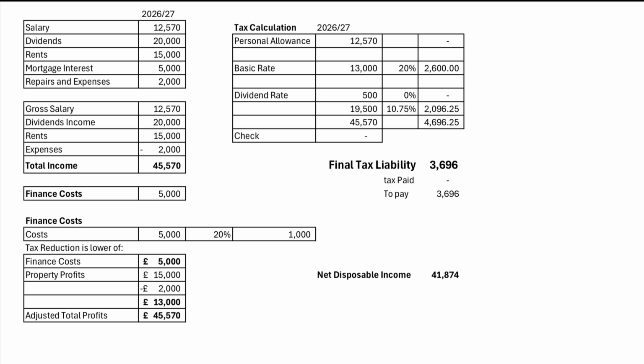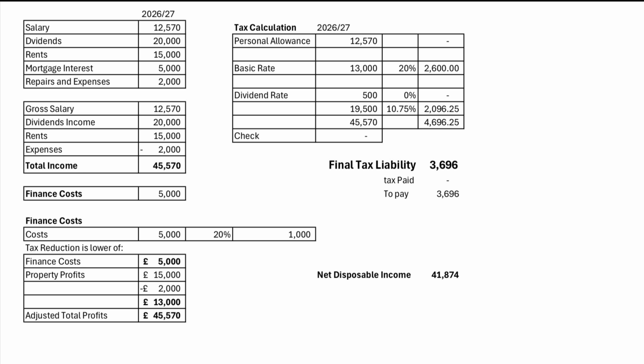With our finance costs, which we can see on our screen towards the bottom left hand side, we need to look at the lower of three different numbers: the finance costs, our property profits, and our adjusted total profits.